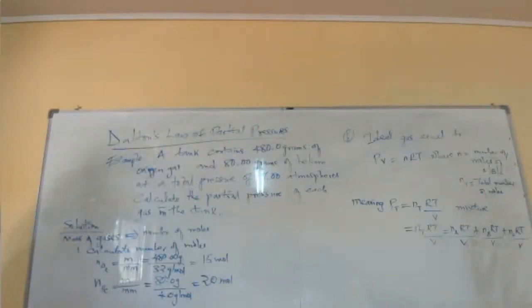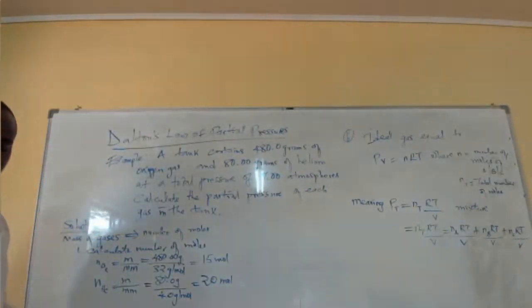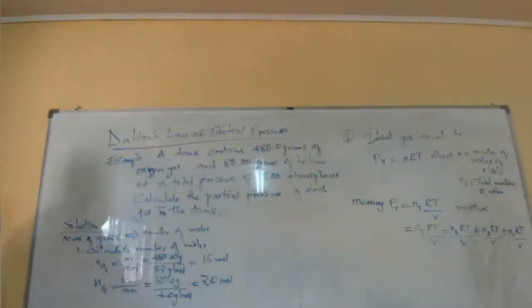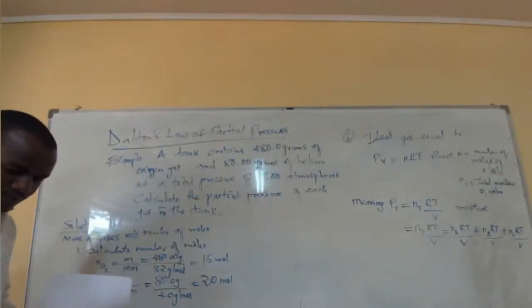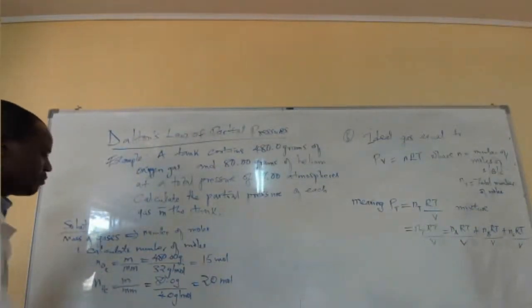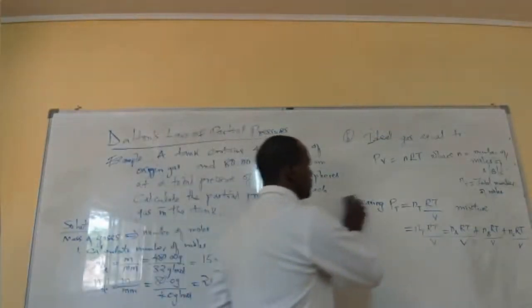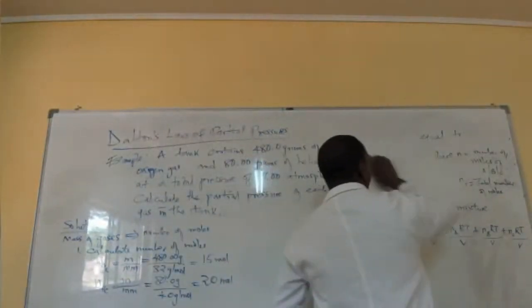Once we get the number of moles, we can use the mole fraction of each of these gases to calculate the partial pressure. So let's move to the other side of the board.